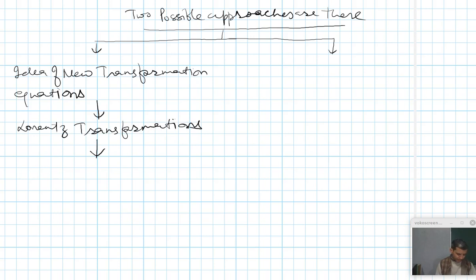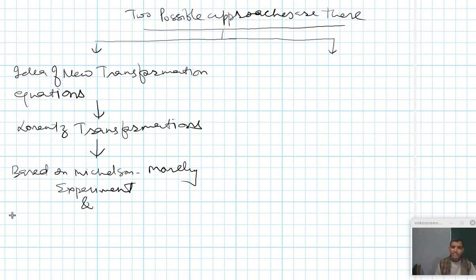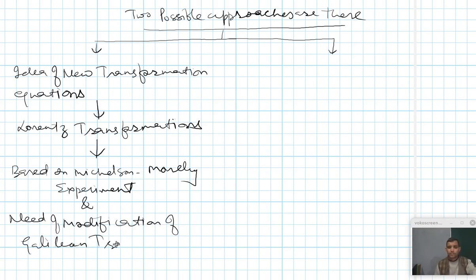And these transformations are based on the Michelson-Morley experiment and the need for modification of Galilean transformation. So there are two possibilities, right?